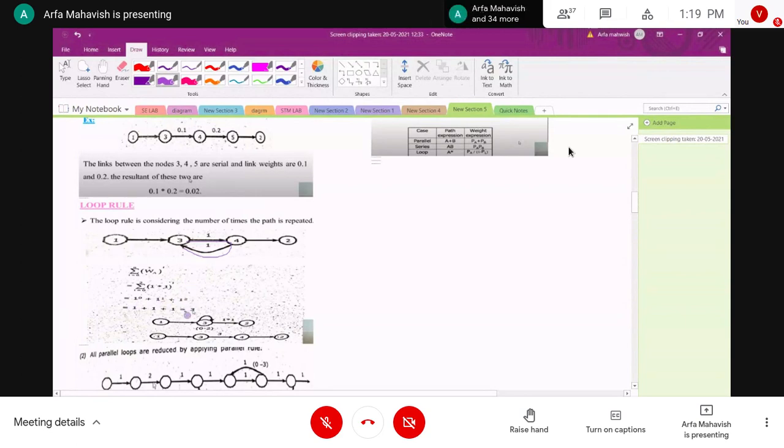For example, we have taken 1 power 3. So 1 power 0 is 1, 1 power 1 is 1, 1 power 2 is 1. With that we are getting 3. So we have written 3 over here. Okay, this is the loop rule.